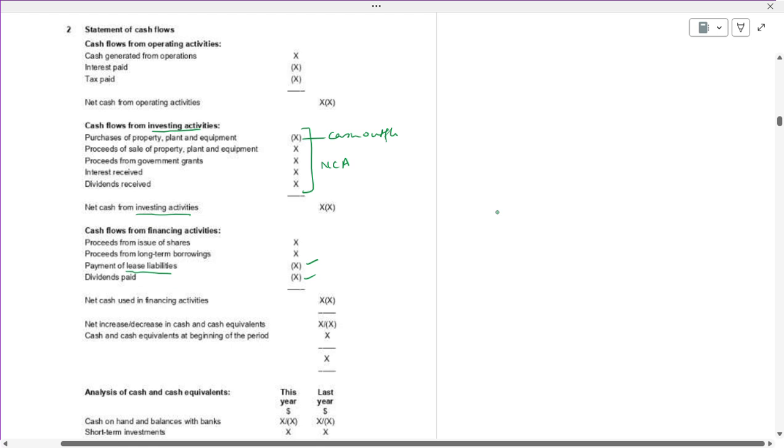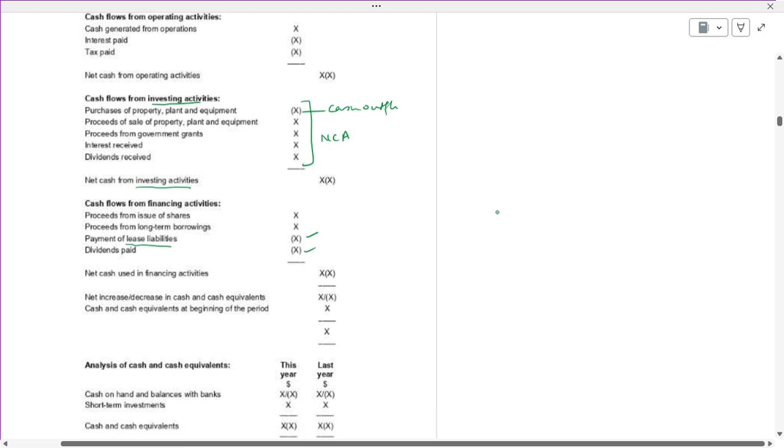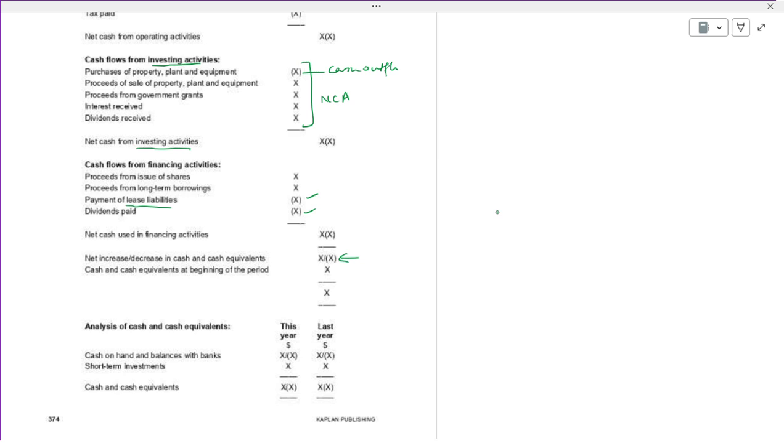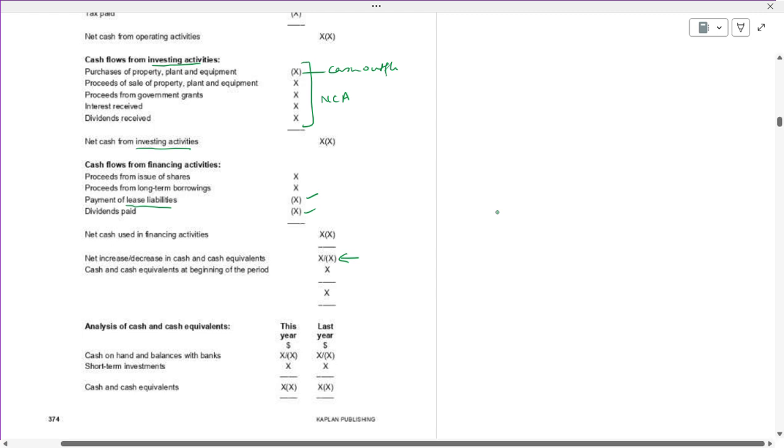In the end, you will have the increase or decrease in cash. You get plus or minus; don't panic if you get minus. They will give you the closing balance and the opening balance, and we have to get it tallied.